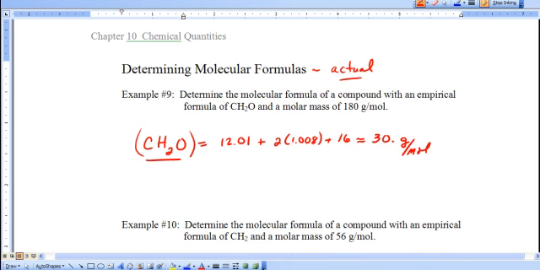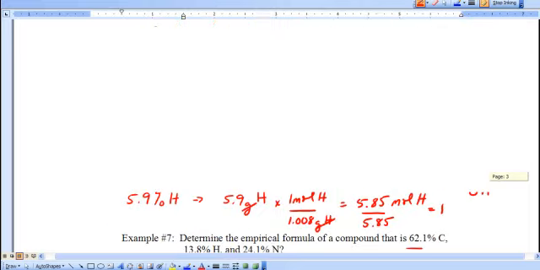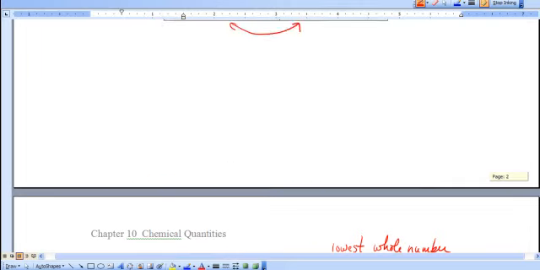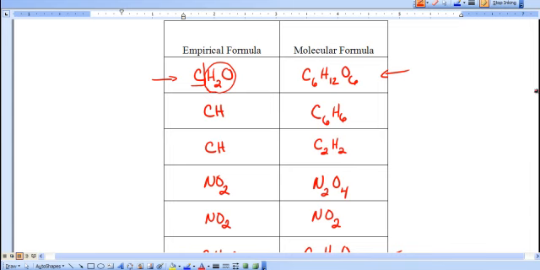Just like when we went through, let me scroll all the way up towards the top here. Here we go, to this particular chart, where we actually gave you the molecular formula, and we backtracked to the empirical formula. We had to divide by a certain number. In this case, for glucose, we divided through by 6. We also divided through by 6 on this one, divided through by 2, divided through by 2.